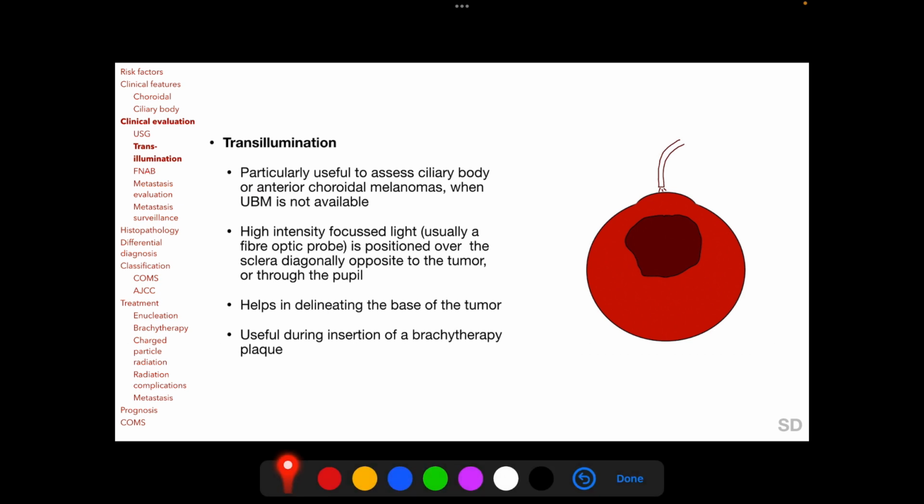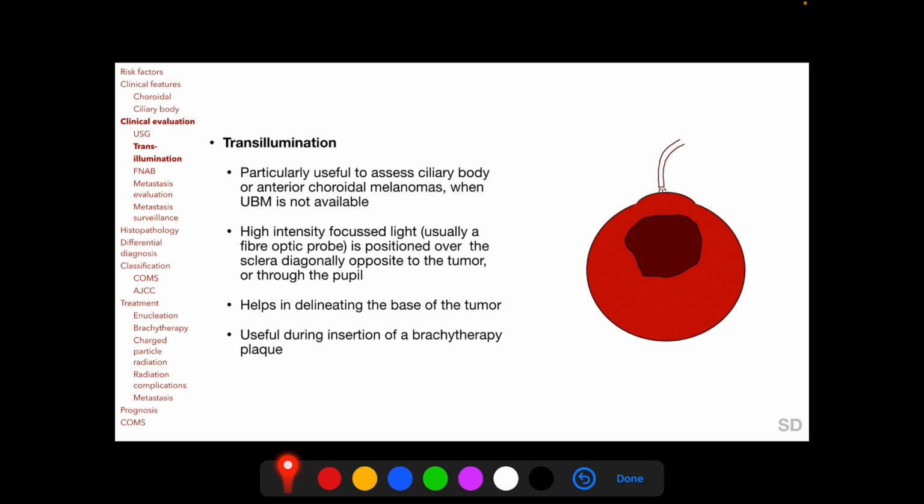Transillumination technique is useful to assess ciliary body or anterior choroidal melanomas, particularly when UBM is not available. In this technique, high-intensity focused light, usually from a fiber optic probe, is projected inside the eye, either through the pupil or through the sclera diagonally opposite to the tumor. In this situation, the eye, when viewed from outside, glows orange-red in color.